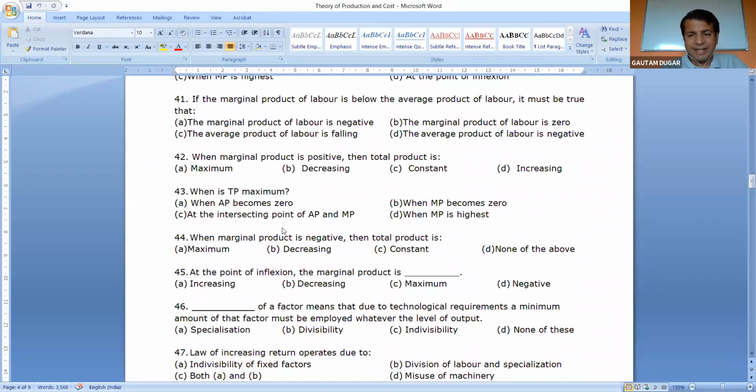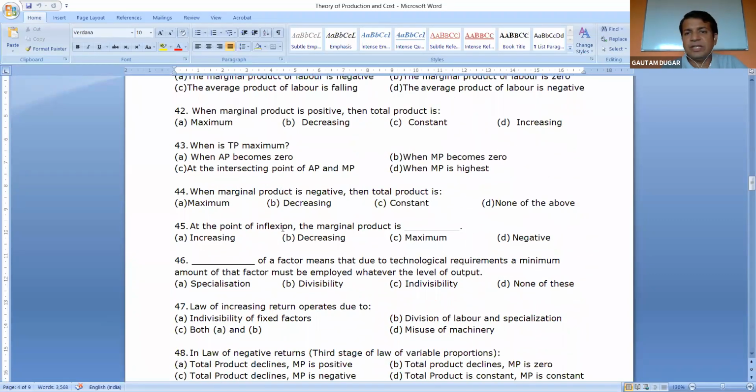When total product is maximum, many answers coming right, then MP becomes 0. When TP is maximum, MP is 0 at that point. 44. When MP is negative, then total product is decreasing. 44 is B for Bombay, decreasing. When MP becomes negative, total product starts decreasing.